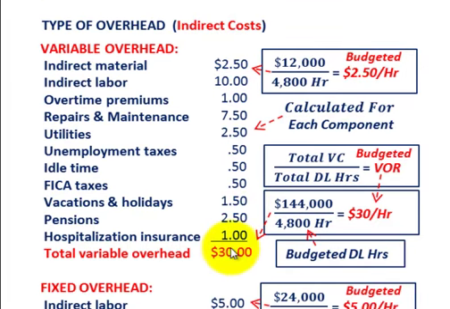Come up with a total amount based on those individual components, and you can look at it in terms of the total amount too. You just take your total variable cost and divide it by your total. In this case we're using direct labor hours as our basis, and whatever that is, it comes up with the total variable overhead per direct labor hour that you'd have to be charging off.